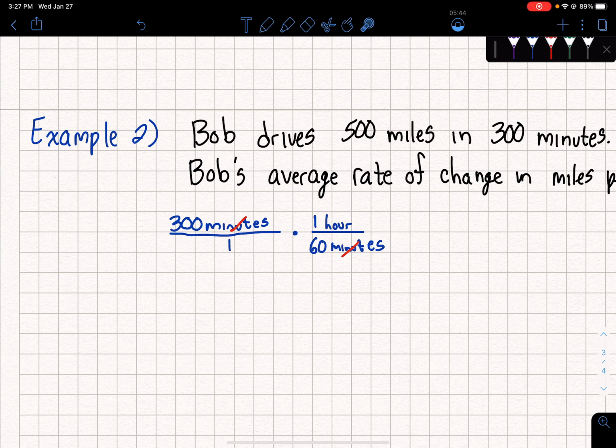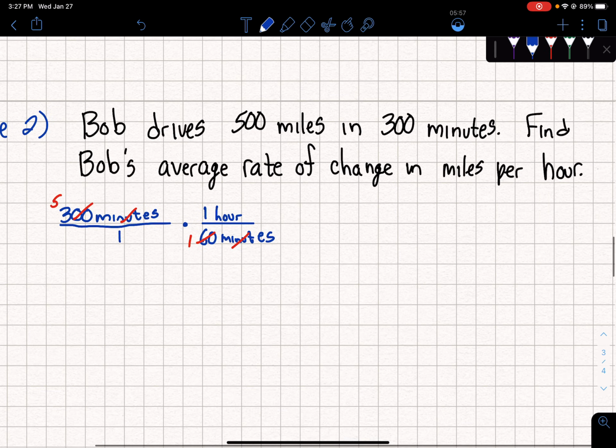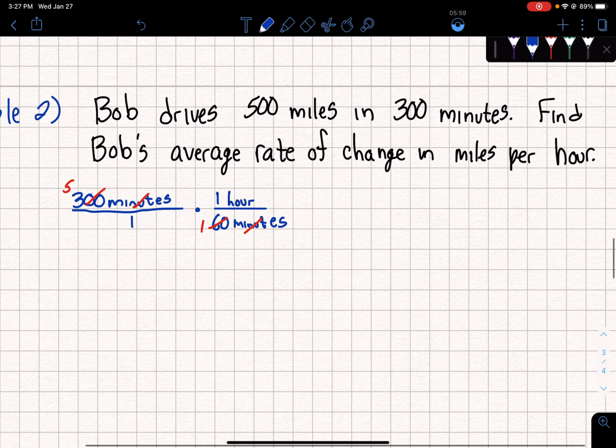And we can also simplify this here. 300 over 60 is the same thing as 30 over 6, which is simply going to become 5. This becomes a 1, this becomes a 5. So we have just found that 300 minutes is equal to 5 hours.